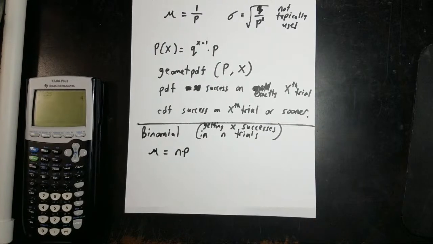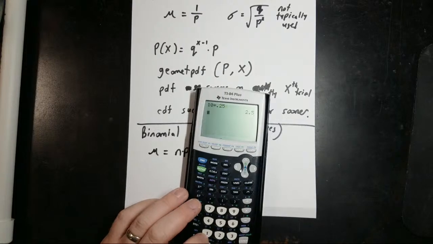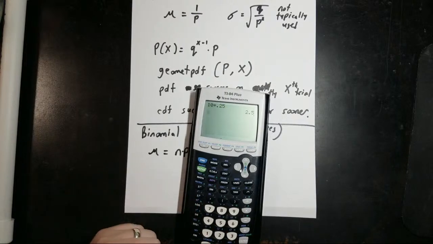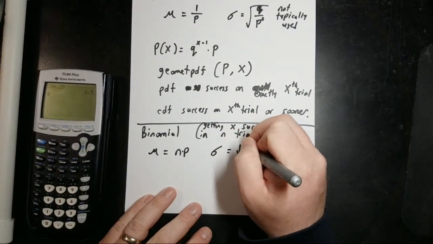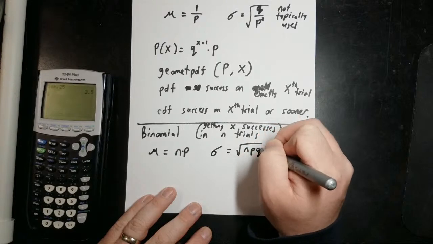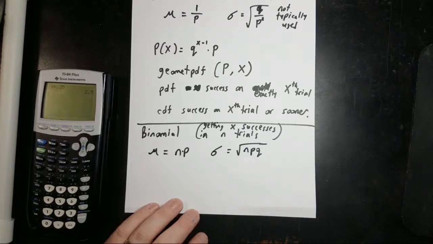So for example, if I'm playing this game that I believe I have a 25% chance of winning, and I play it 10 times, then I expect to win about 2.5 times, or I expect to have 2.5 successes. Standard deviation, which is much more helpful, is the square root of NPQ. That will come in handy a little later on, especially with what the binomial turns into, which details are coming soon, of course.